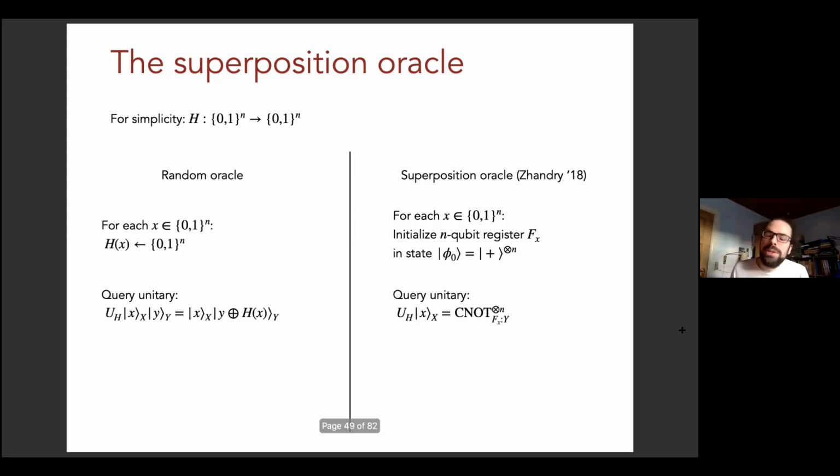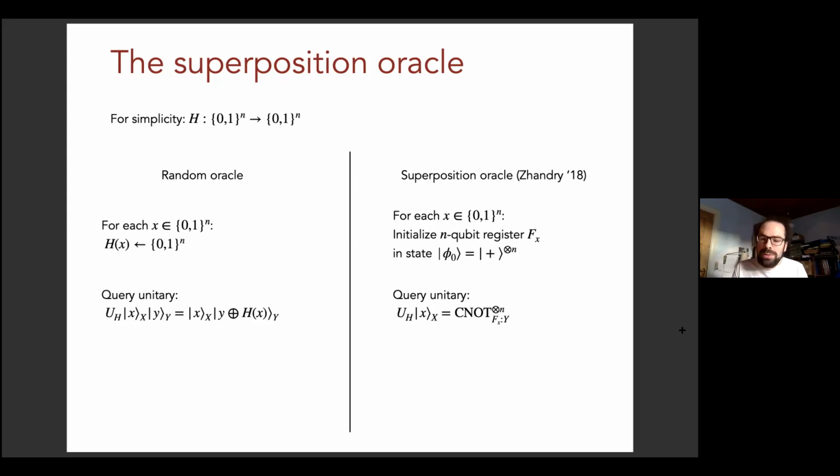Now, in the superposition oracle, we have to use the contents of these registers F_x. So how do we do that? If the adversarial register X is initialized in some computational basis state x, then the unitary applies a controlled-CNOT from F_x to Y. So what does that mean?